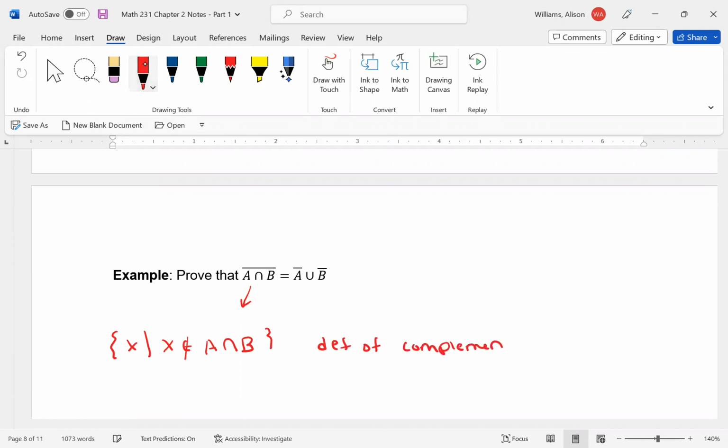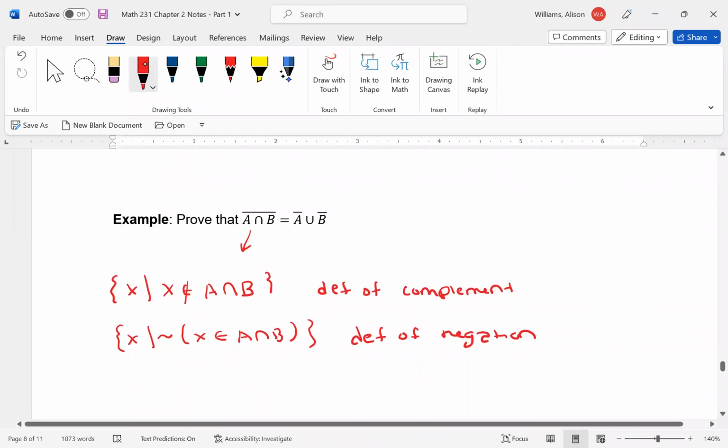We defined that earlier. It just happens to be that we're looking at A intersect B as our set. Another way of writing this is to write the negation statement: X is not an element of A intersect B. So that's by definition of negation. It allows us to do that.